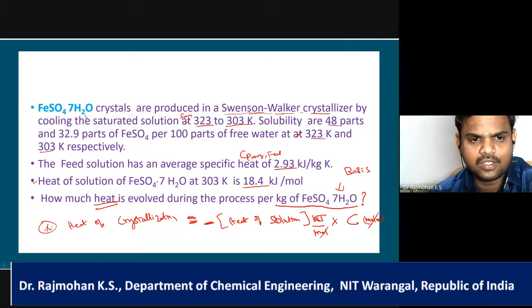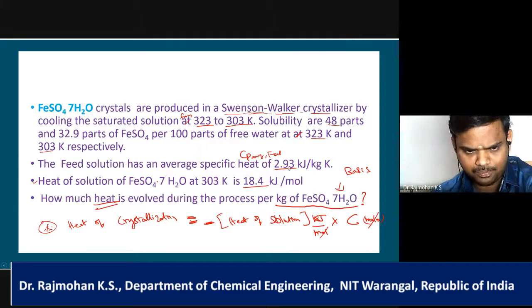Ferrous sulfate 7H2O crystals are produced in a Swenson-Walker crystallizer by cooling the saturated solution from 323 Kelvin to 303 Kelvin. Solubility data are given: 48 parts and 32.9 parts of FeSO4 per 100 parts of free water at 323 Kelvin and 303 Kelvin respectively. The Cp value of the feed solution is given.